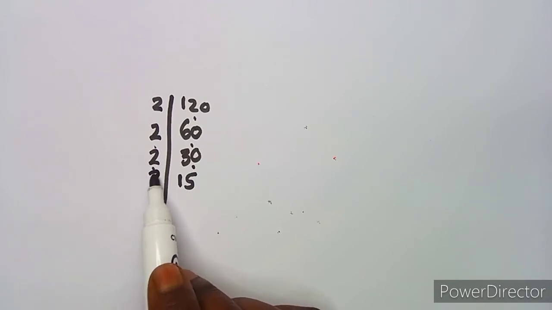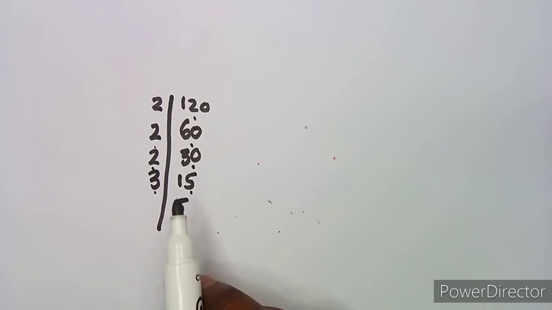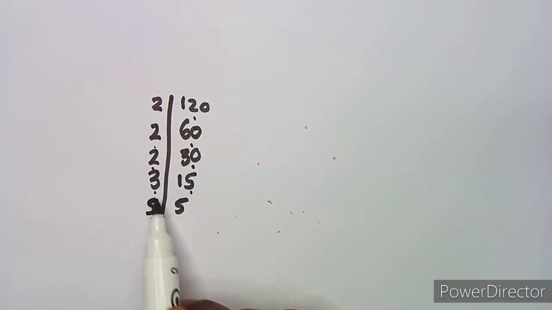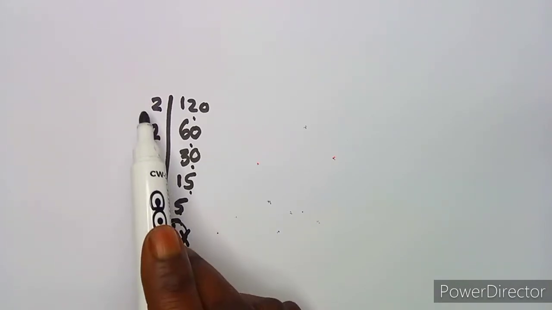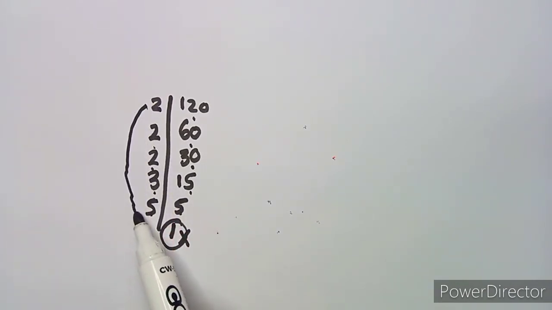So you try 3. 15 divided by 3 gives us 5. 3 is no longer a factor of 5, because it gives a remainder. So you try 5. 5 divided by 5 is 1. Now, as we are at 1, we stop. So these are the numbers that give us 120.